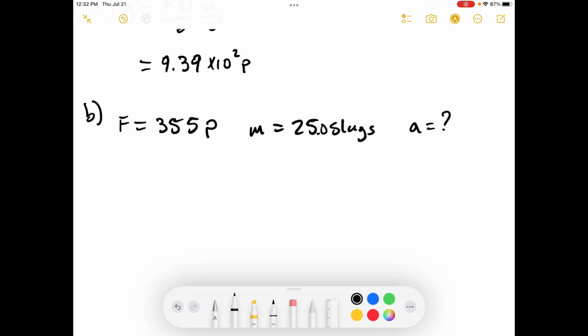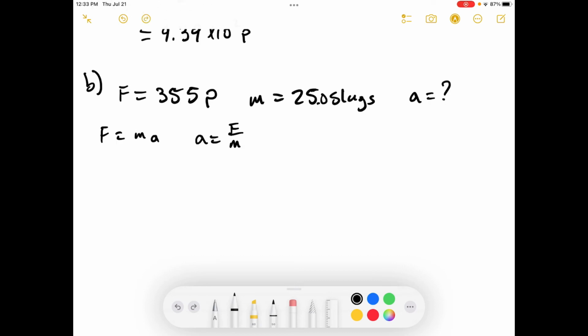Okay, that's pretty easy. F equals ma. So the acceleration equals the force over the mass. So let's start doing this problem. We know that the force is equal to 355 poundals divided by the slugs, 25.